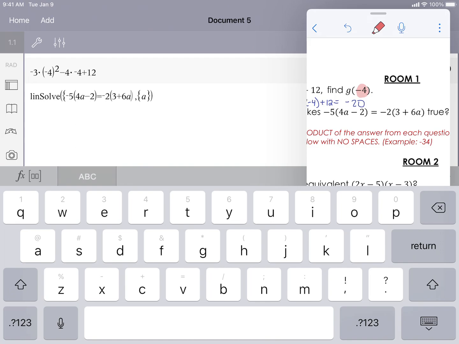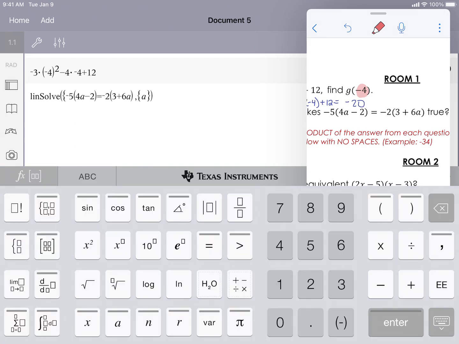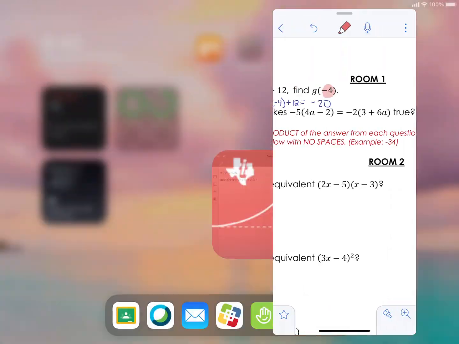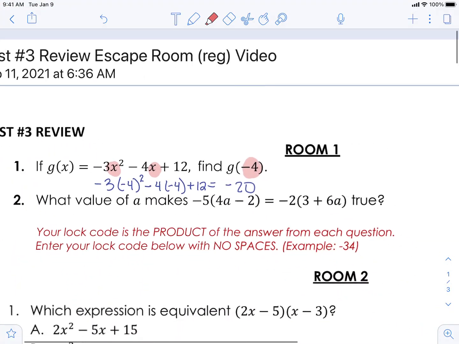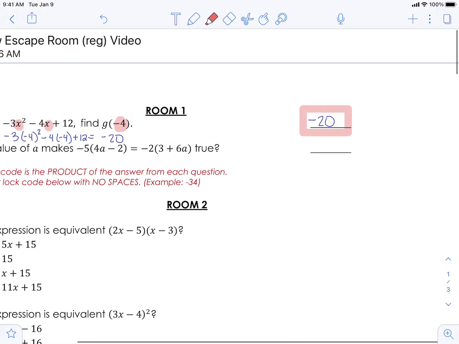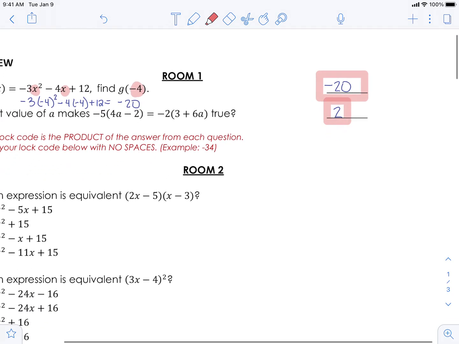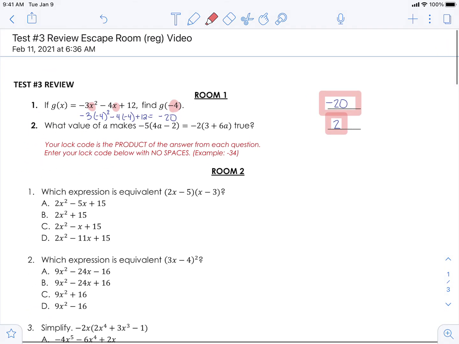And that's it. So close parentheses there and hit enter. And it tells me my answer is 2. Okay, so 2 makes that true. Okay, so that's it for that one.